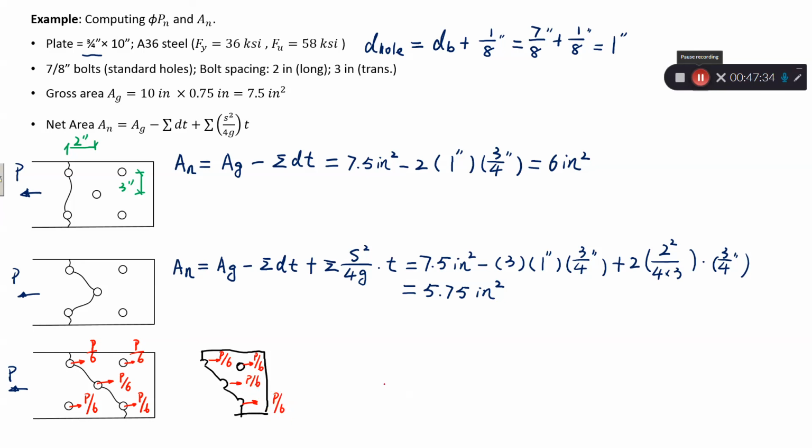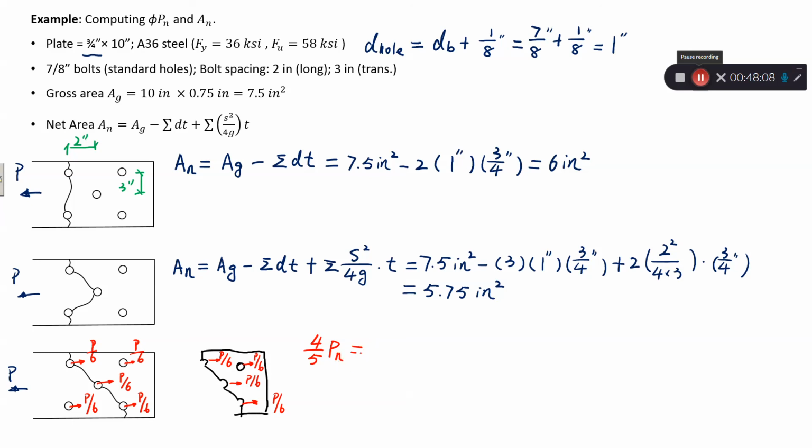So that means 1, 2, 3, 4. Oh, sorry. 4 out of 5. 4 out of 5 holes are resisting. So that means 4/5 P will be greater.